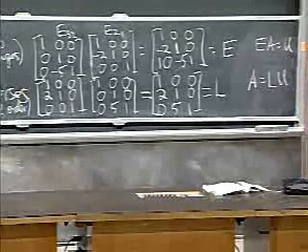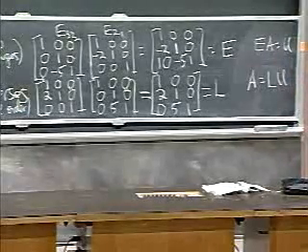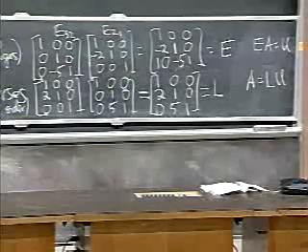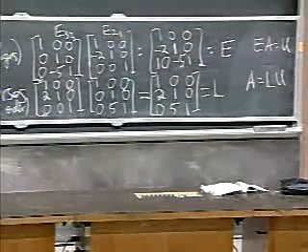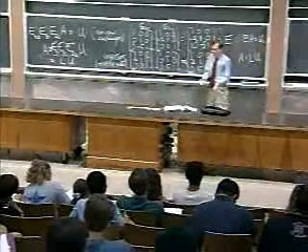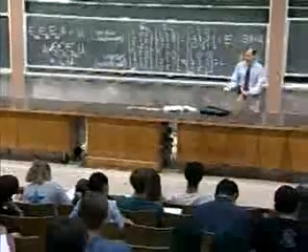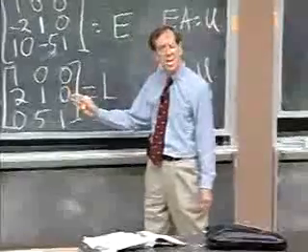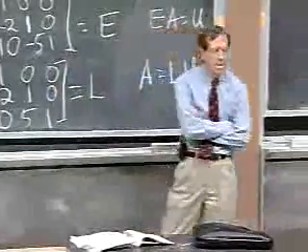Okay. Let me make the point now in words. The order that the matrices come for L is the right order. The 2 and the 5 don't sort of interfere to produce this 10. In the right order, the multipliers just fit in the matrix L.